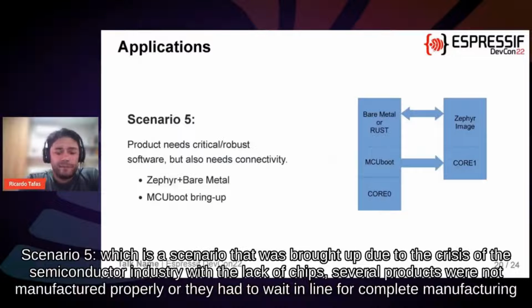Scenario 5 is a scenario that was brought up due to the crisis of the semiconductor industry. With the lack of chips, several products were not manufactured properly, or they had to wait in line for complete manufacturing.